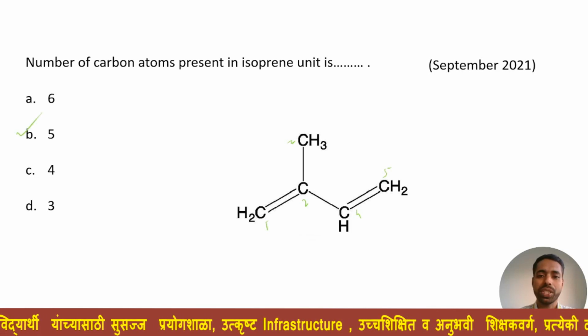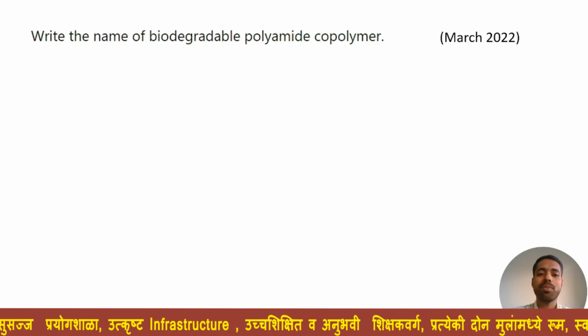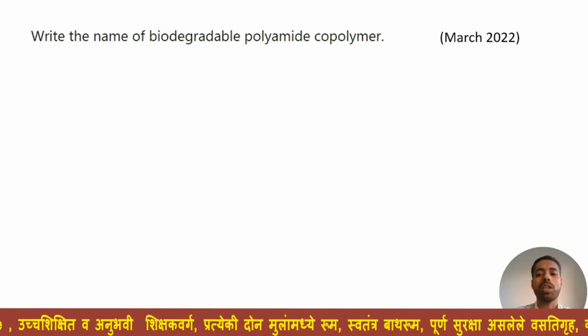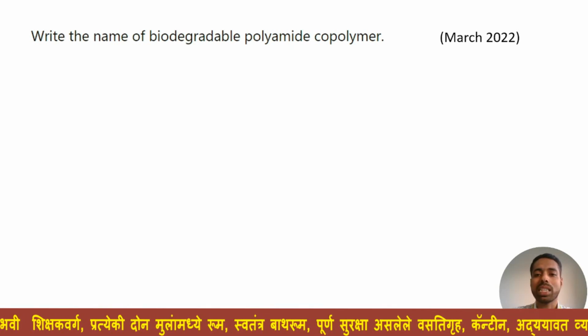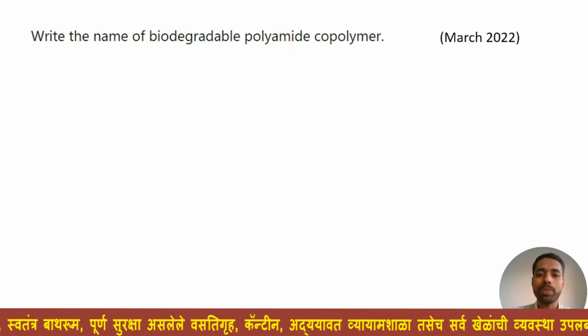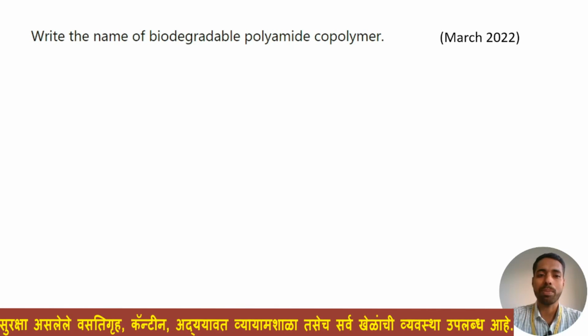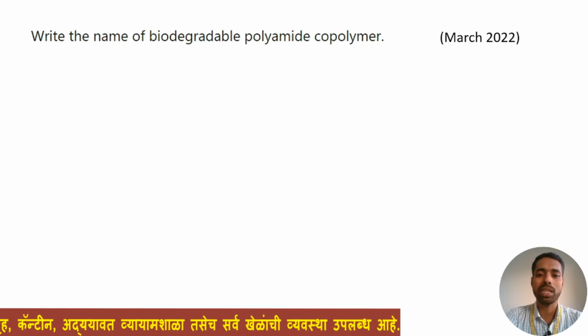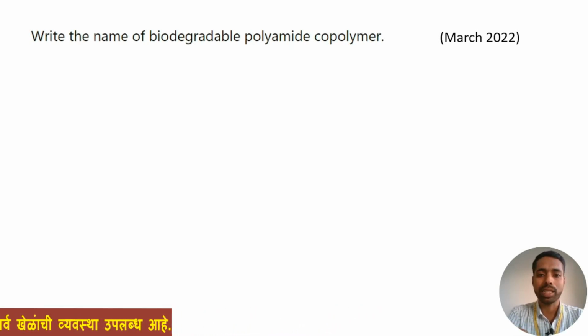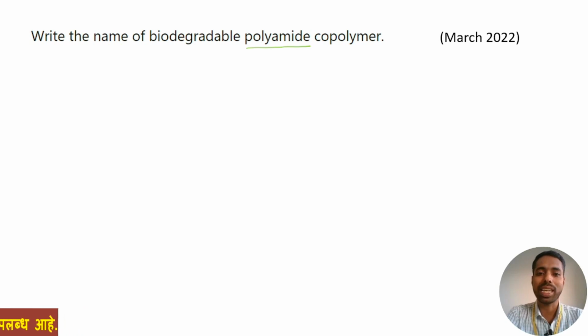Let's check another question. Write the name of biodegradable polyamide copolymer. This was asked in March 2022 for 1 mark. There are 2 polymers given in your syllabus which are biodegradable copolymers, but what they ask here is the one containing polyamide linkage.